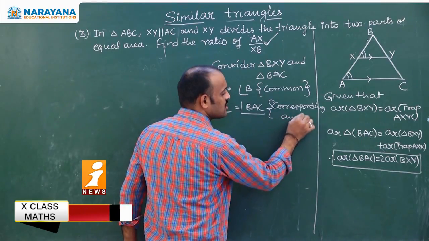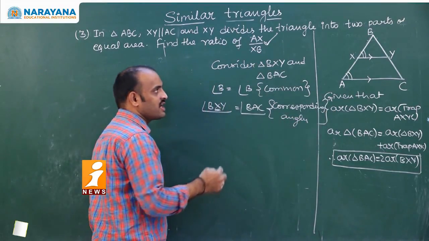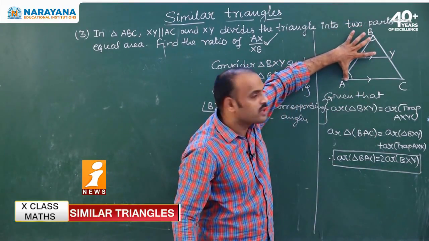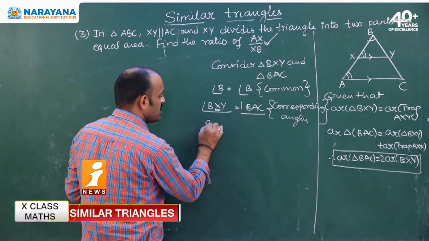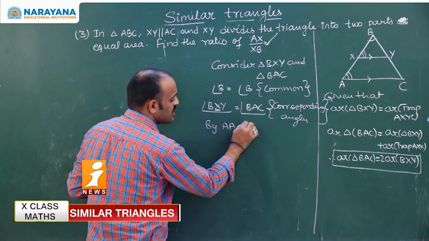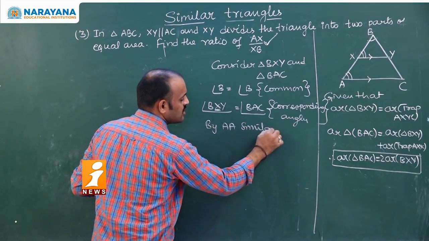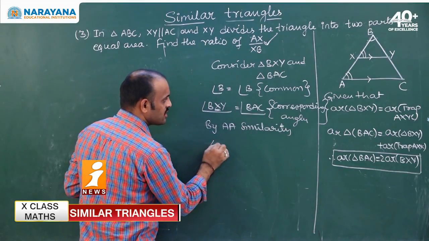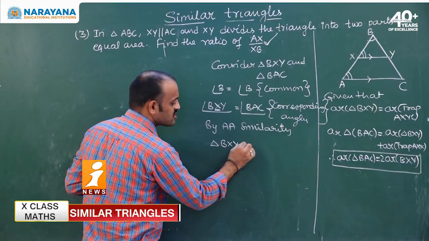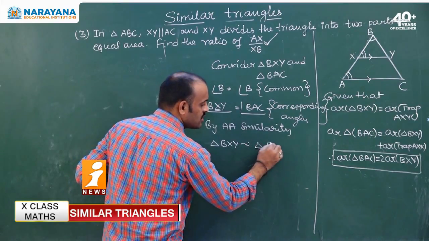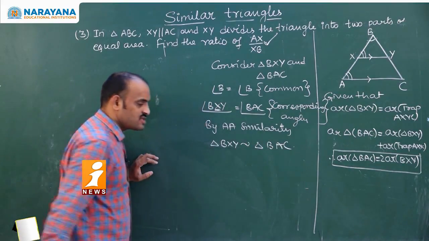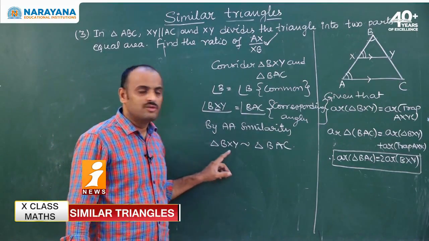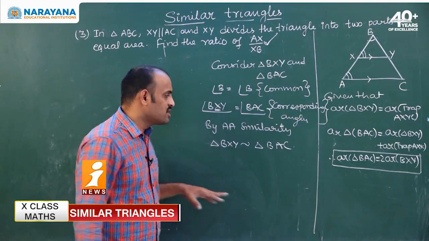If two angles of the first triangle are equal to two angles of the second triangle, by angle similarity both the triangles are similar. Triangle BXY is similar to triangle BAC. Once the triangles are similar, the ratio of their areas is equal to the square of the ratio of the corresponding sides.